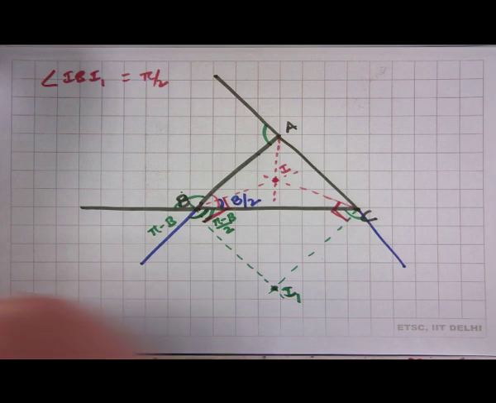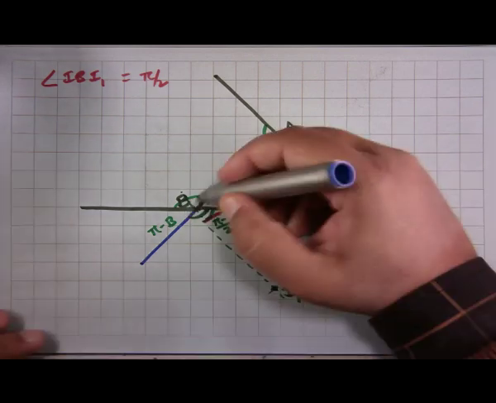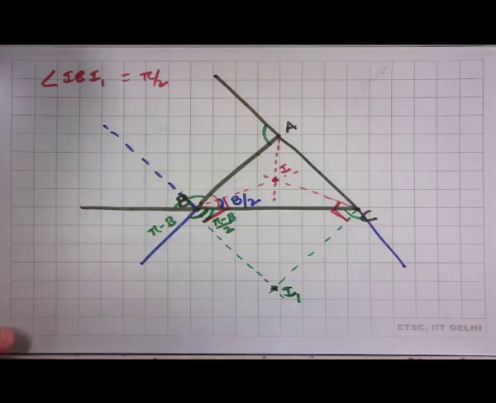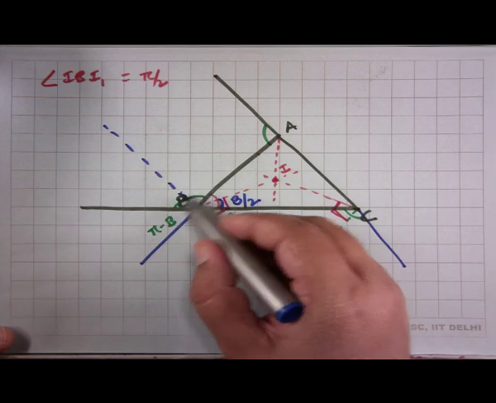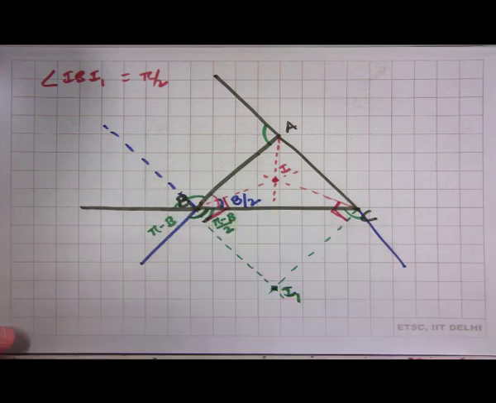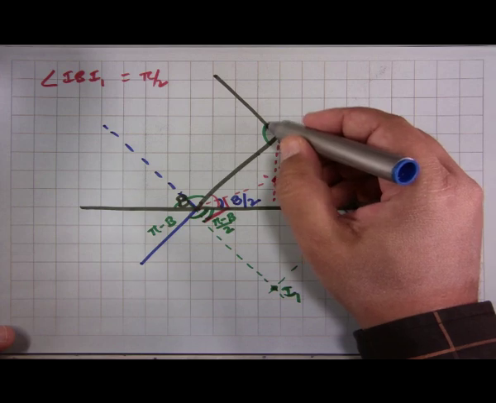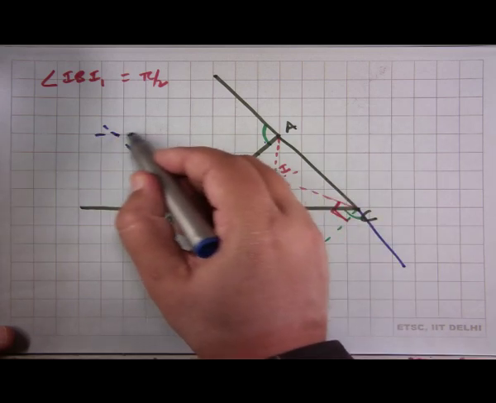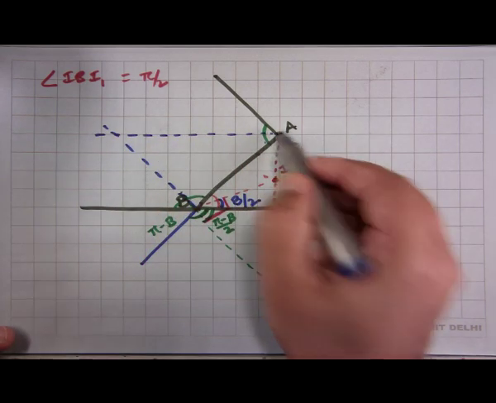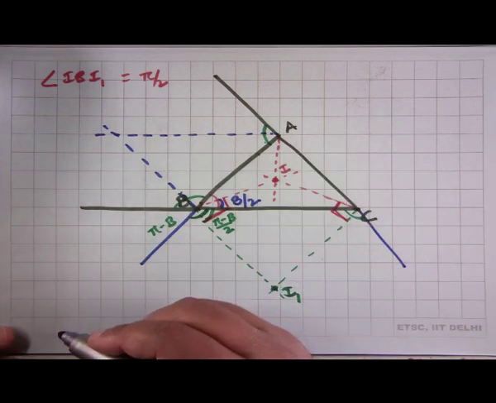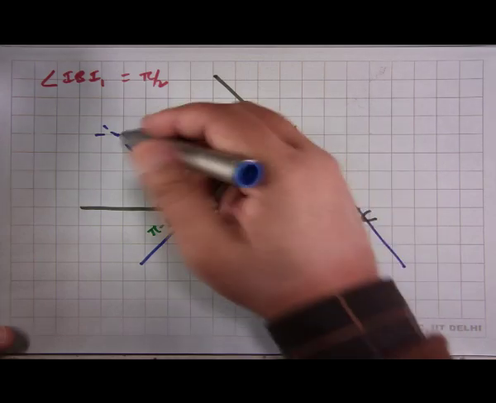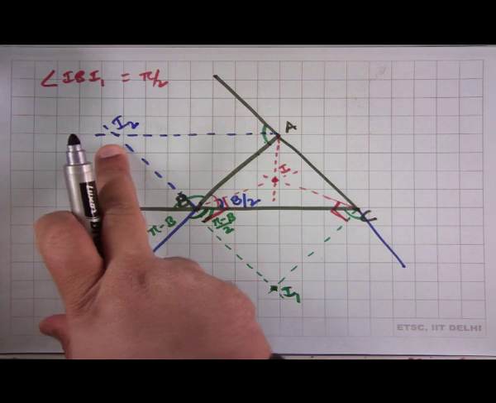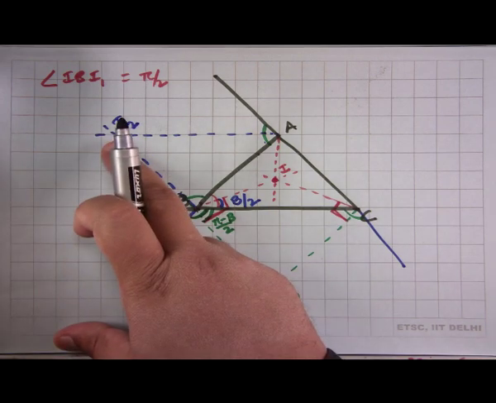So let's say that this blue dotted line is the angular bisector of this external angle, and the angular bisector of this other external angle is let us say this particular blue dotted line, and they of course are going to meet at another point I2, which is going to be the center of the escribed circle opposite to the vertex C.